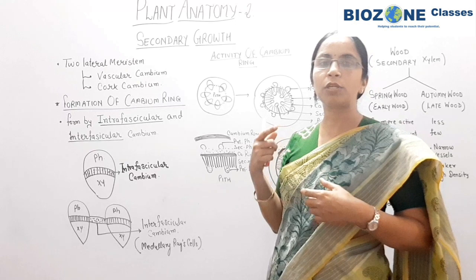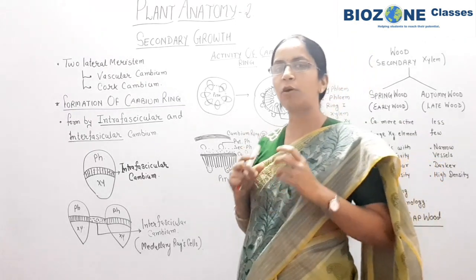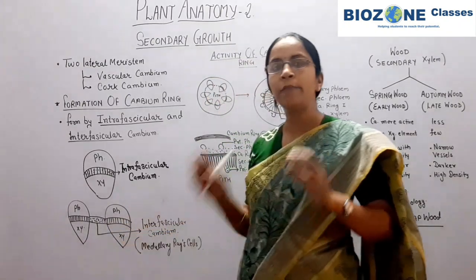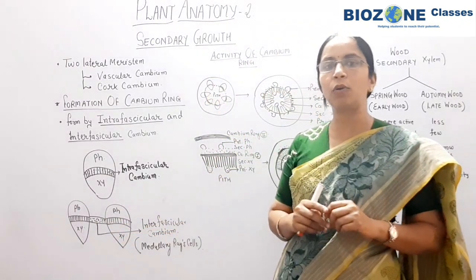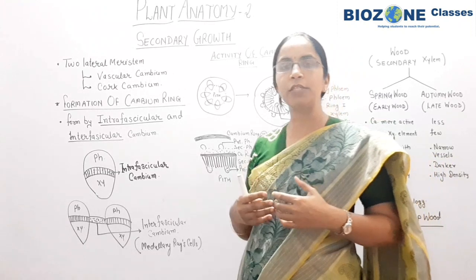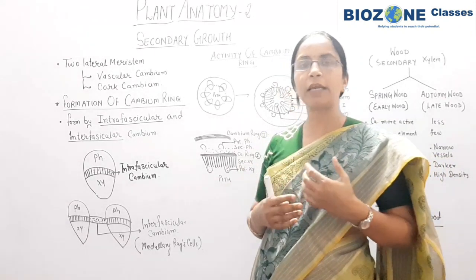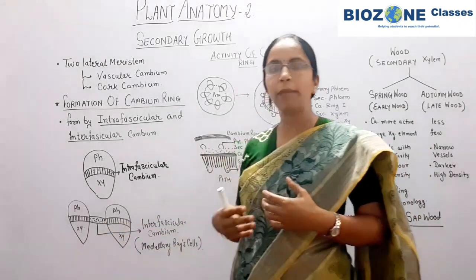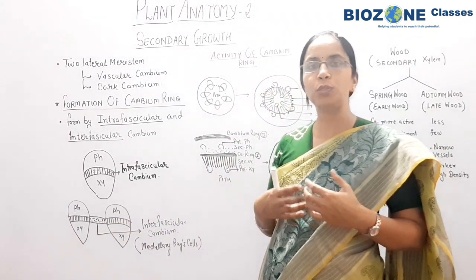When secondary growth begins, some of the medullary rays present in between these vascular bundles undergo differentiation, they become meristematic, and due to their meristematic activity, the medullary rays start to produce new cells.